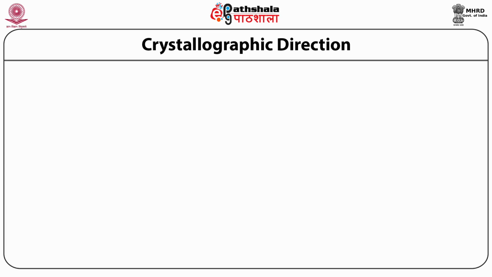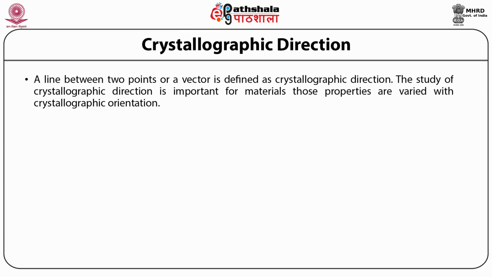Crystallographic direction. A line between 2 points or a vector is defined as a crystallographic direction. The study of crystallographic direction is important for the materials whose properties vary with crystallographic orientation.